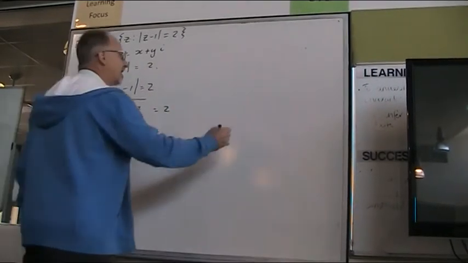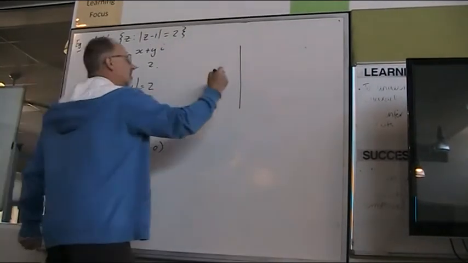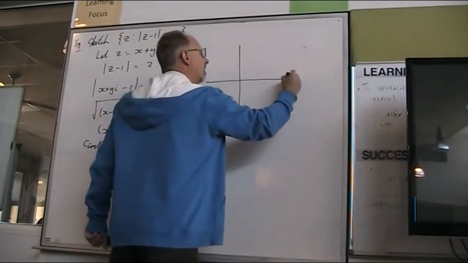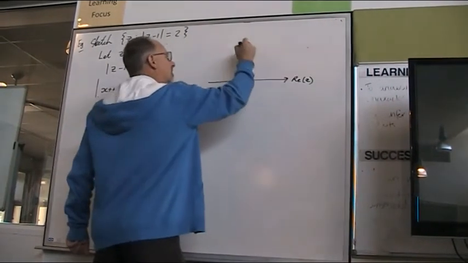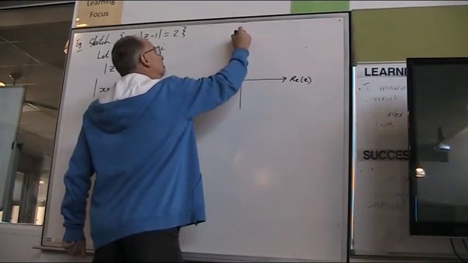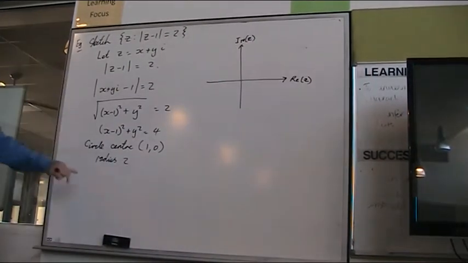So when we go to sketch that, this is what we're sketching, so we've got to put it on an Argand diagram. Alright, so real part, imaginary part.